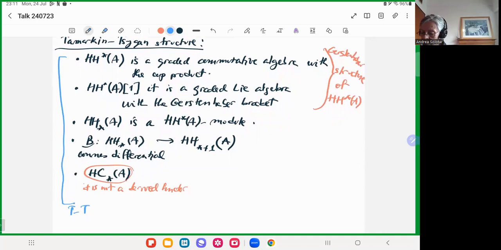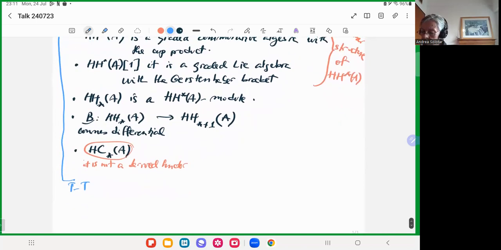Okay? So, what is the problem with this? Well, the good thing is that it gives a lot of invariants, but the bad thing is that it is very difficult, almost impossible, to compute all this structure explicitly because of the change of resolution that I was mentioning.